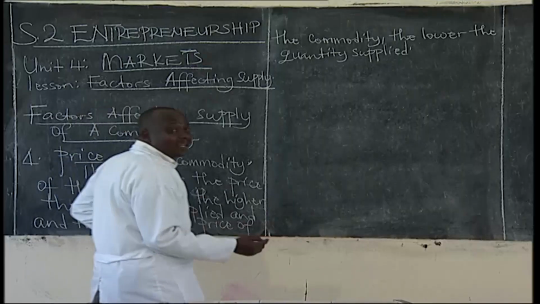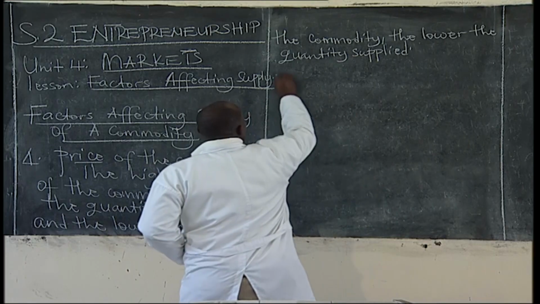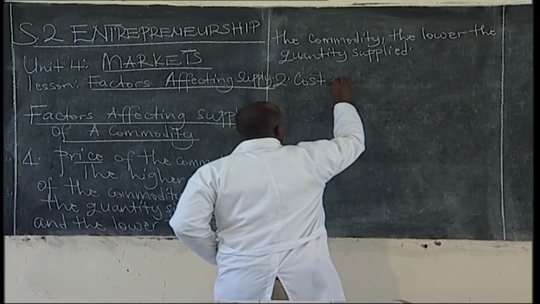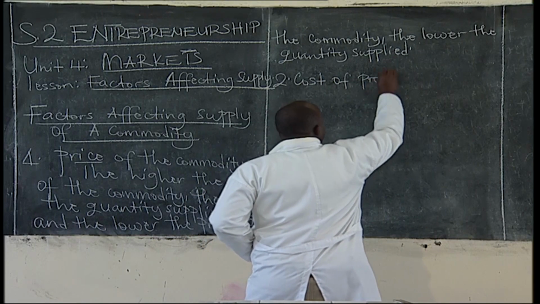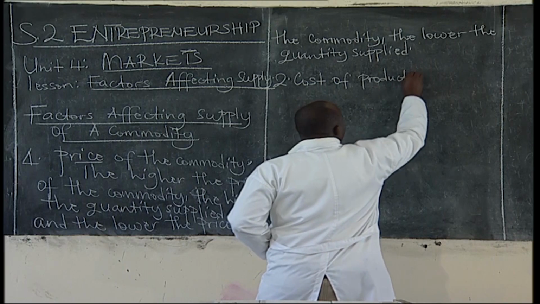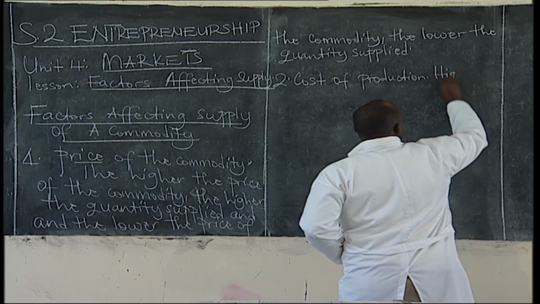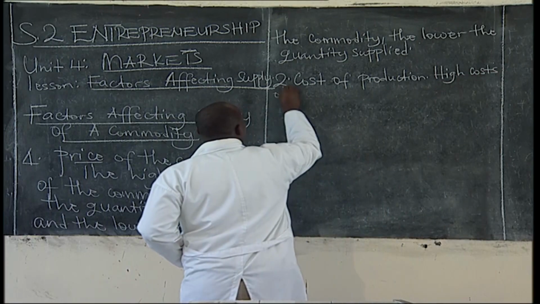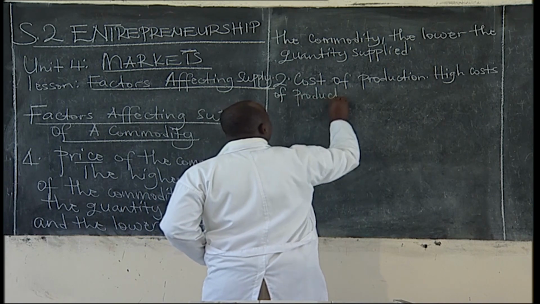Now, the second factor that affects supply is the cost of production.